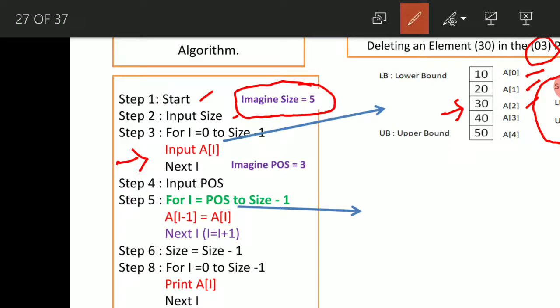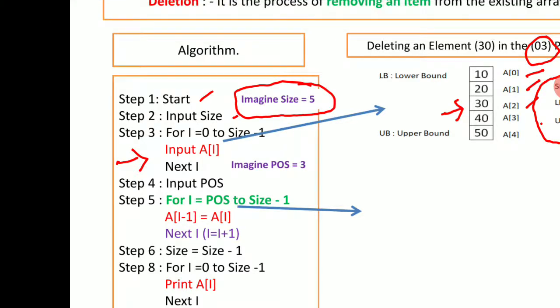Then in a of 1 we have 20, in a of 2 we have 30, in a of 3 we have 40, and in a of 4 we have 50. This is how we have inputted an array. The array on the screen has 5 elements: 10, 20, 30, 40, 50. Remember, we have to remove 30 from the third position. Now, how are we going to do that?